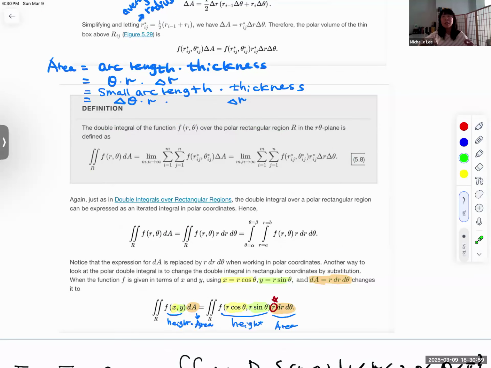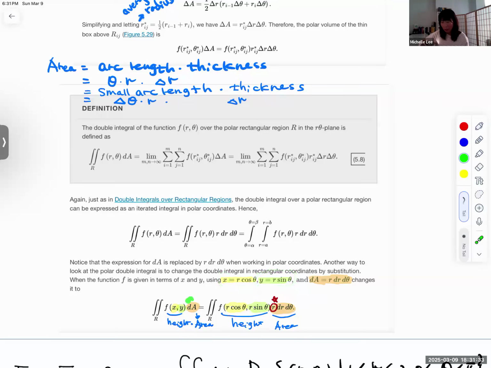The function in polar will be indicated in terms of r and theta, as I said earlier, right? Not x and y, right? So if we have x, y, we have to convert. Then we learned from Calculus 2, what is x? And even earlier section, right? So x equals r cosine theta, and then y equals r sine theta, right?